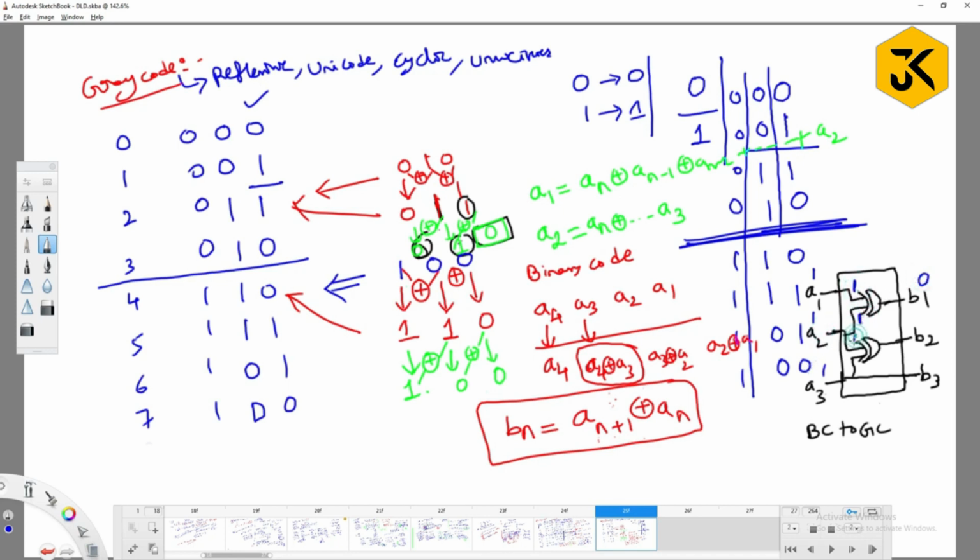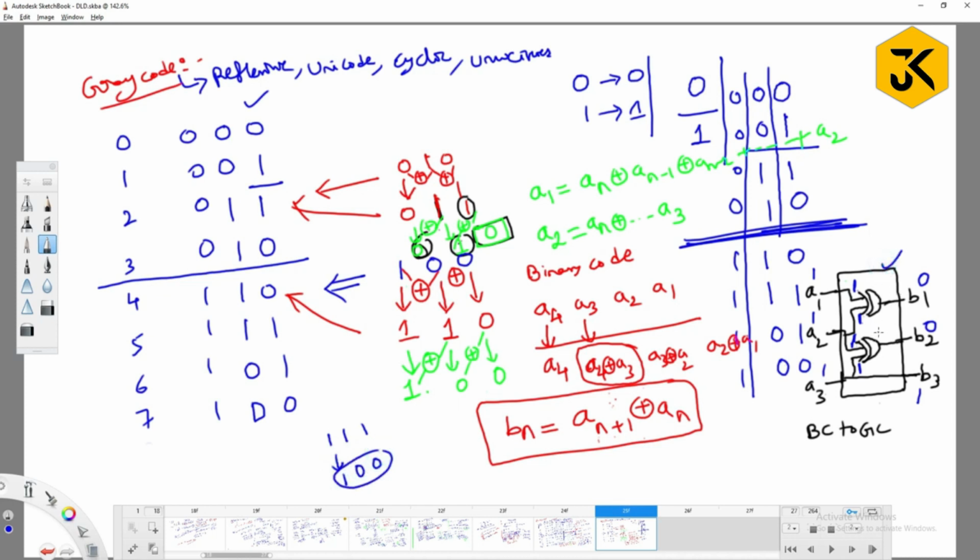Here also 1. What is 1 XOR 1? 0. What is A3? Is there any processing done here? No, directly copying, right? This is 1. So if I give binary code 111, what is the respective gray code? 100. Are we going to get 100 or not?